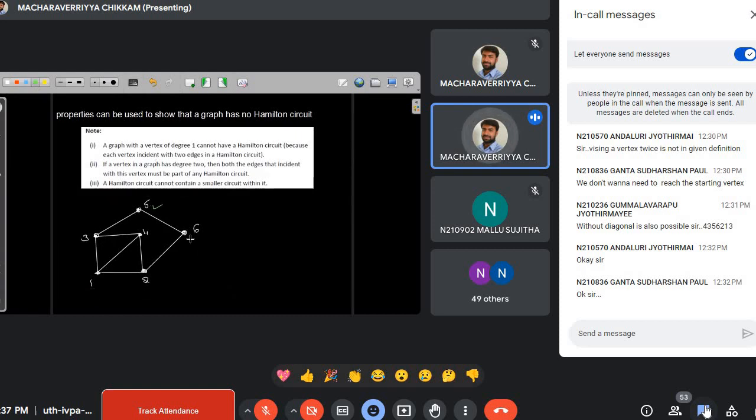This is of degree 2, it is degree 2, and this one and this one. So we know that it has a Hamilton circuit. If you construct a Hamilton circuit here, then the two edges incident with a degree 2 vertex must be included in the Hamilton circuit. Let's see the possible Hamilton circuits here.